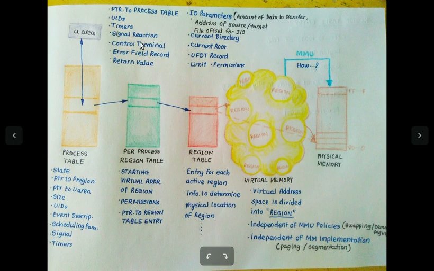There is a signal reaction field which is responsible for keeping the information about all the signals which may be received by this process and how to react to those signals. Every process has an associated control terminal. Of course, we can have a process which does not have any control terminal.